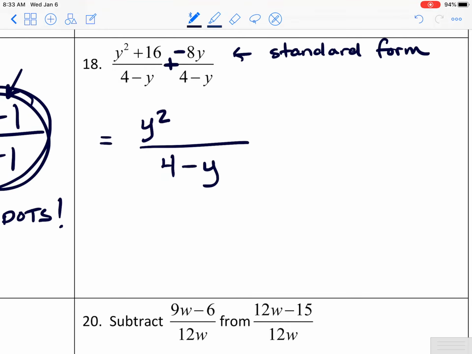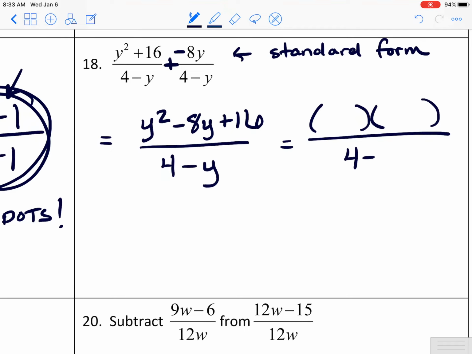So I have y squared minus 8y plus 16. So I can factor this top, and 4 minus y is actually going to stay the same. I need a number that multiplies to 16 but adds to a negative 8. So I have negative 4 for both of them.